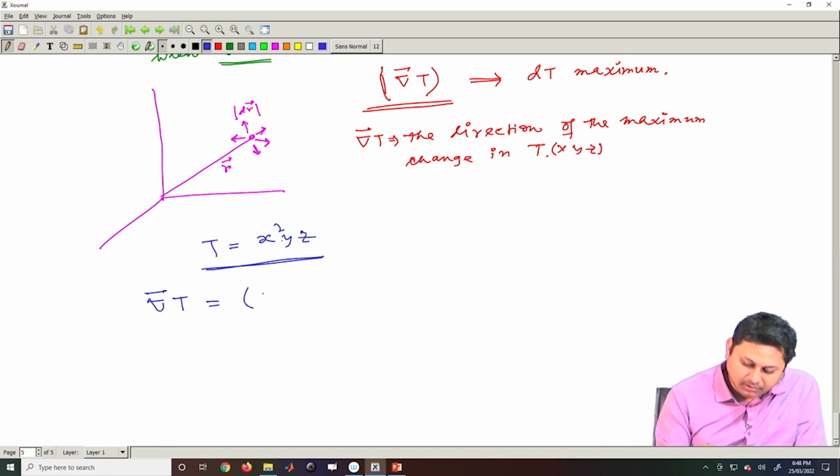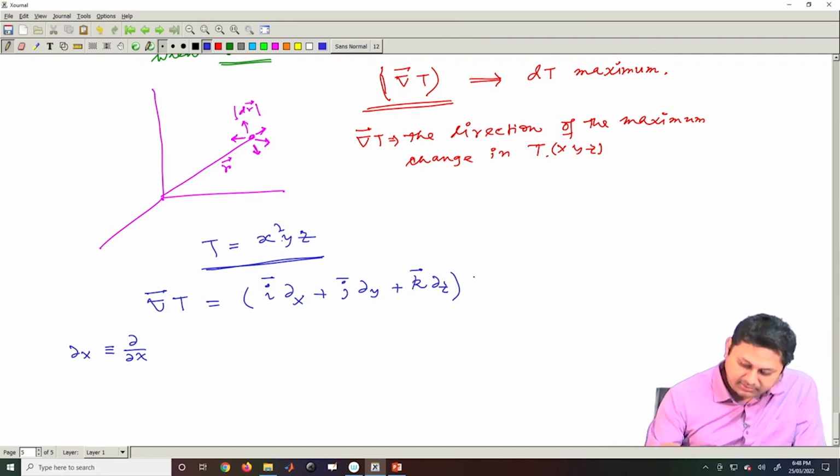So, del is a short form of i d/dx plus j d/dy plus k d/dz, that will operate on T, and this T is x square y z.